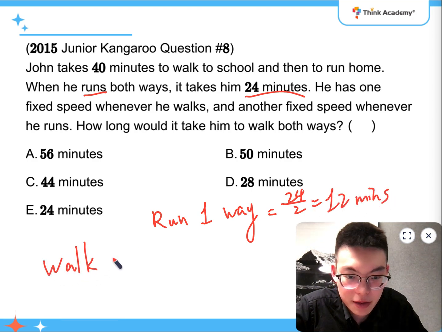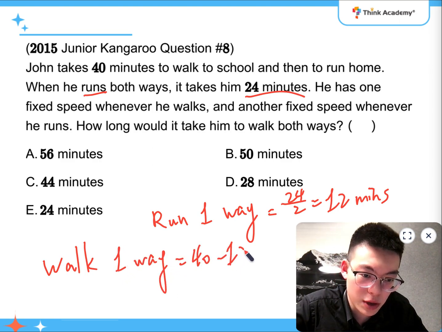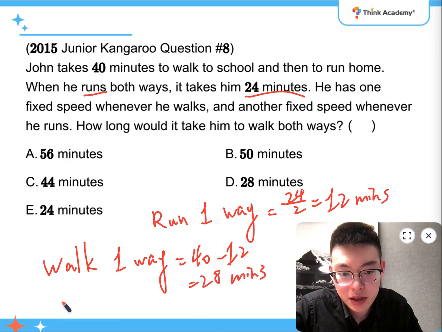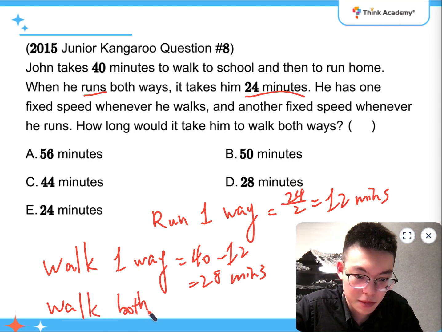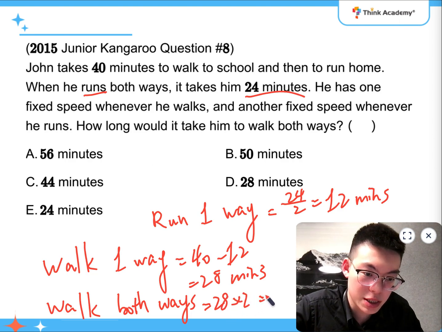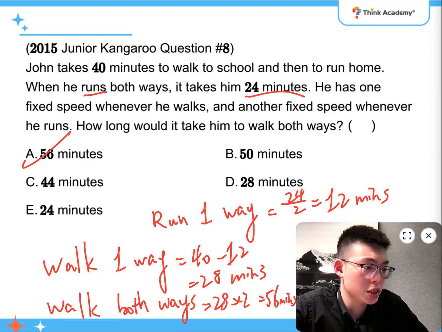Walking one way is 40 take away 12, which is 28 minutes. So walking both ways is 28 times 2, which is 56 minutes. So the answer is A, 56. All right.